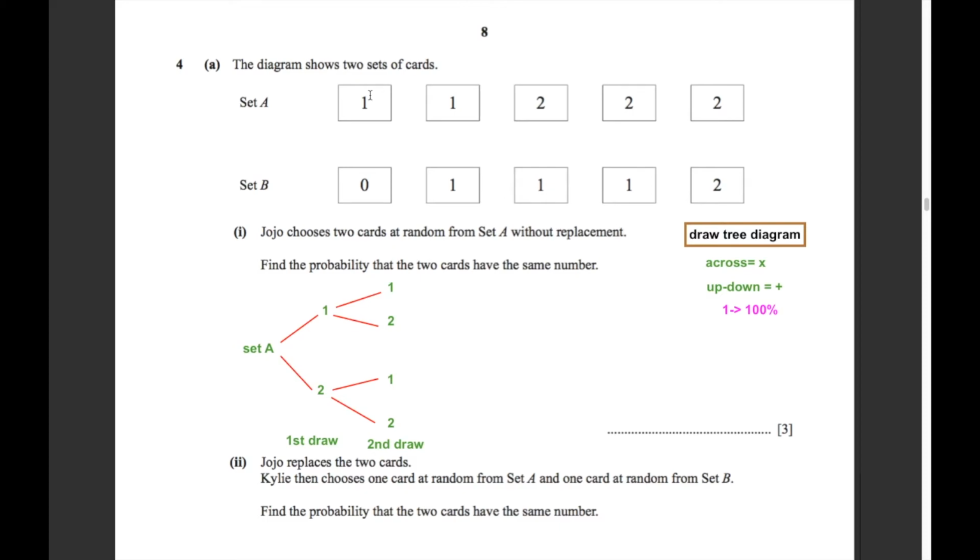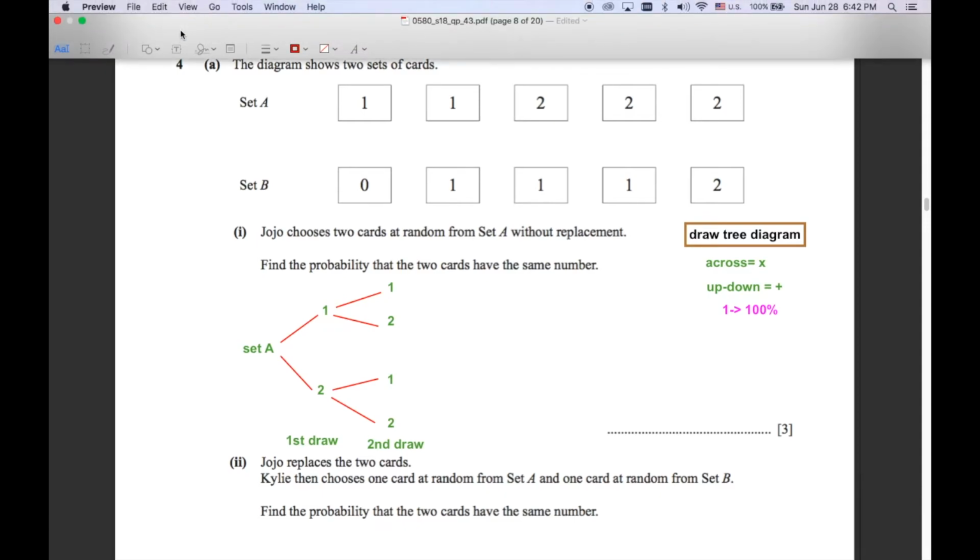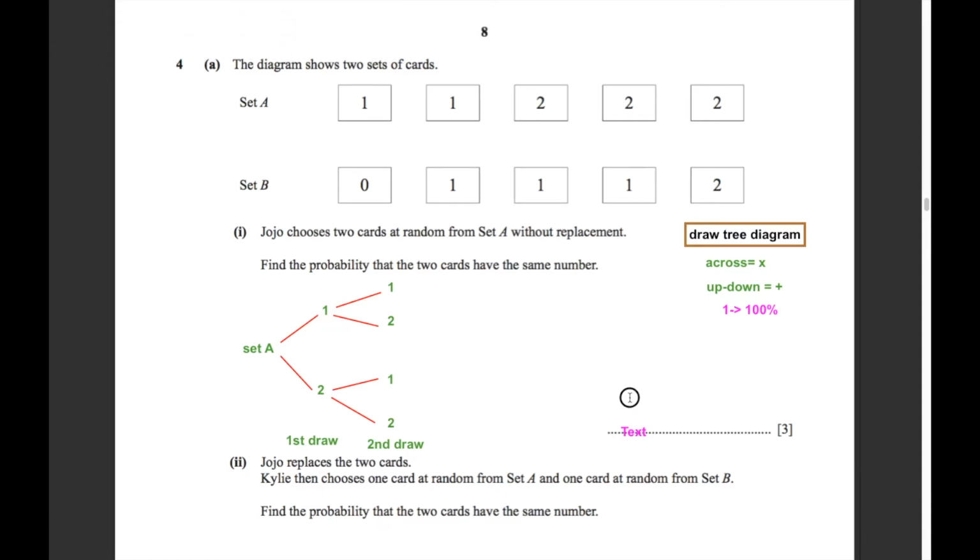That chance is 2 out of 5, which is our probability in fraction form. I'm going to make a couple of copies. What's the chance of getting a 2 the first time? It's going to be 3 out of the total 5. So 3 out of, which is division, remember, out of 5.